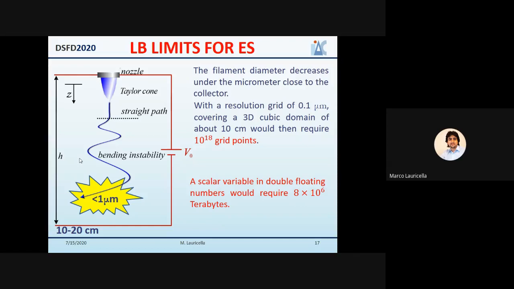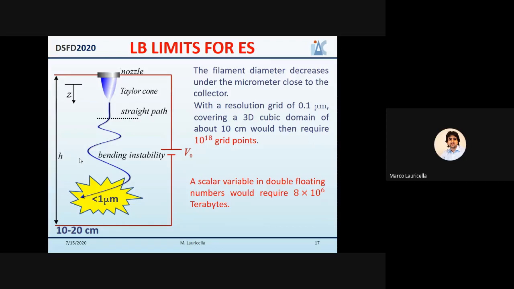For instance, without using any sophisticated techniques like non-uniform grid or multi-grid, if we suppose a jet radius equal to 0.1 micrometers close to the collector, and considering the typical distance between the nozzle and the collector, which is around 10-20 centimeters, only to store a scalar field in a cubic domain would need several terabytes of memory.